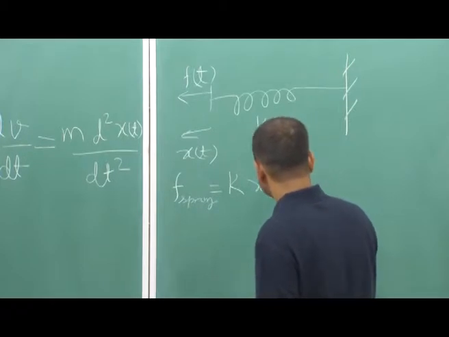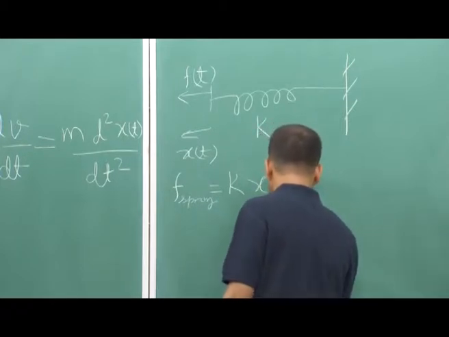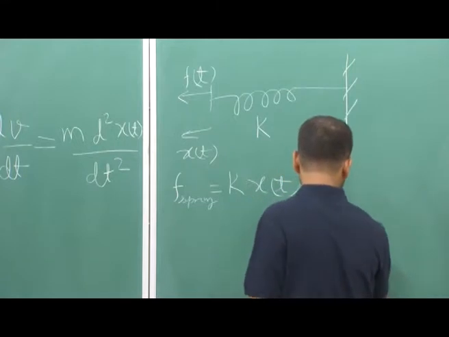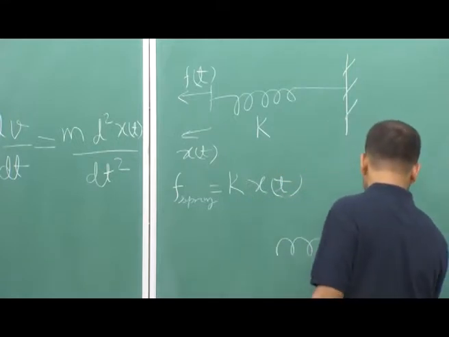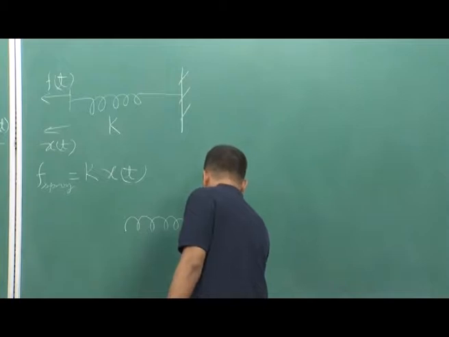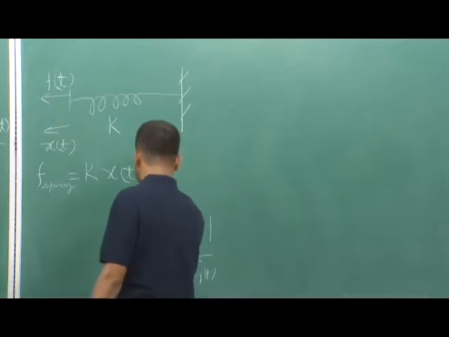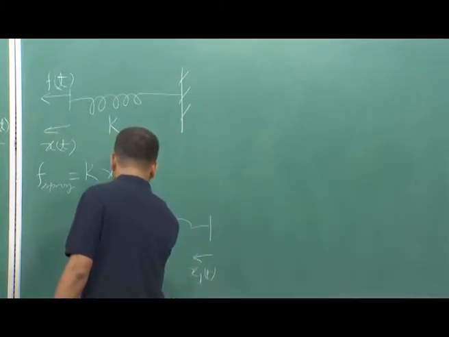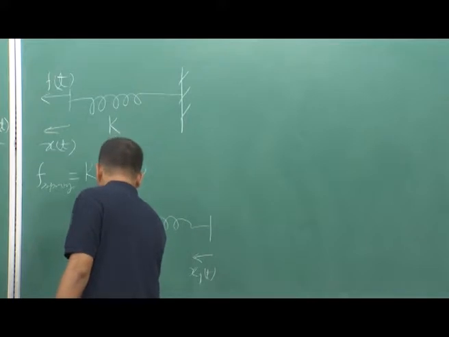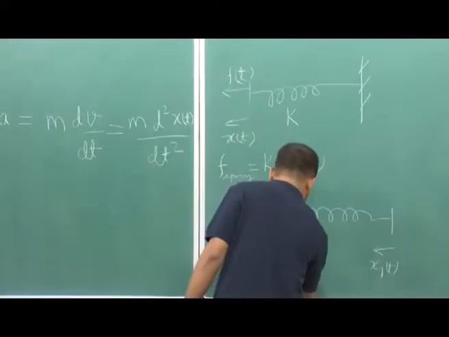If the spring is connected in such a fashion that both its terminals are getting some displacement, suppose this part is displaced with x1 of t, and this part is getting displaced with displacement x2 of t.